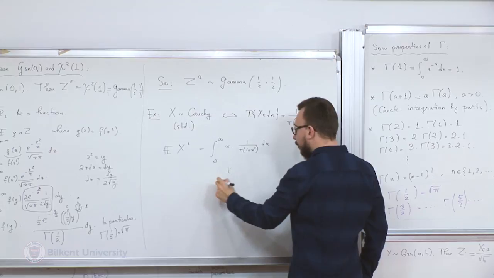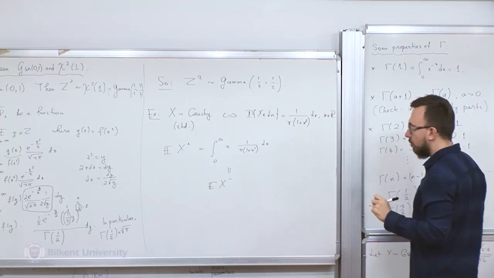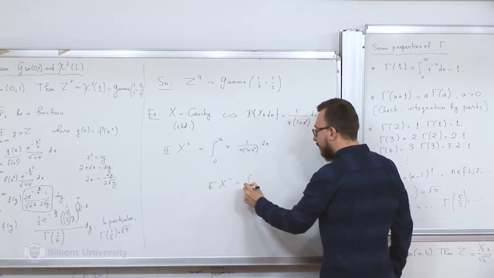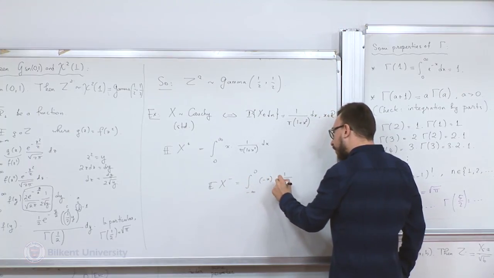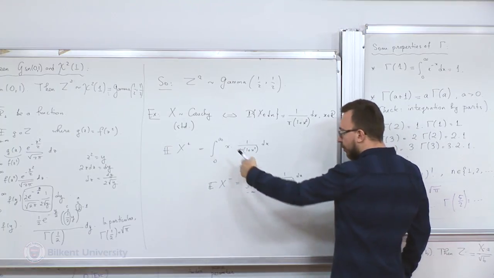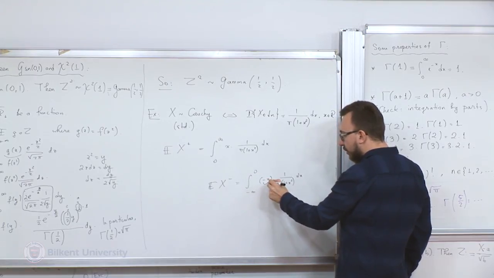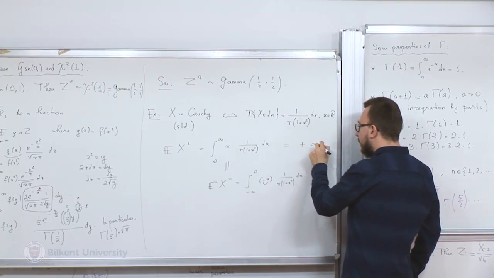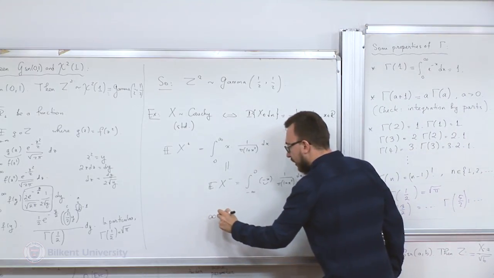And in fact, this is even equal to the expectation of X minus. Because for X minus, you have minus infinity to 0, minus x, 1 over pi, 1 plus x squared dx. And just by a simple change of variables, if you just call it the new x, the two integrals are just the same. The thing is that this integral does not converge. So you have an infinity minus infinity case.